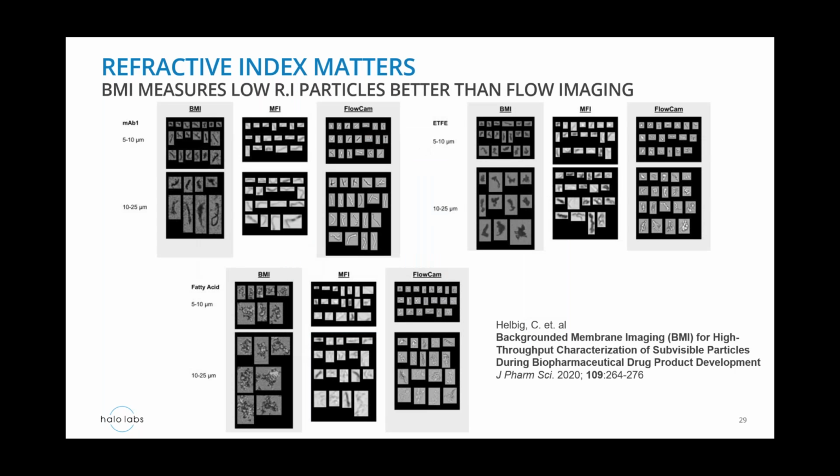As a result, even though some of these tools can use higher magnification objectives, our images are much more deterministic. The contrast that we see with our tools, as captured in the BMI, measures with much higher detection fidelity than any dynamic flow imager on the market, as was published by Coriolis last year.